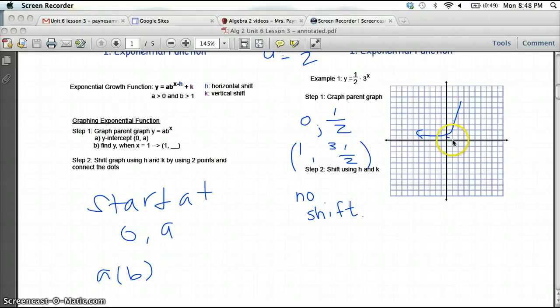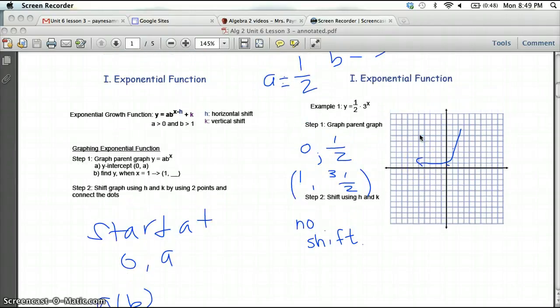And then we're going to go 1, 3 1/2. So 1 up 3 1/2, then you're just going to come down and you're going to actually touch all of the points. Okay, so that's actually how you draw your exponential function.